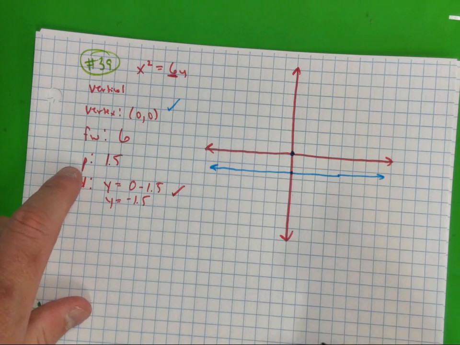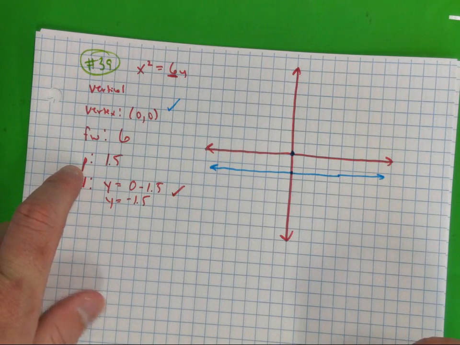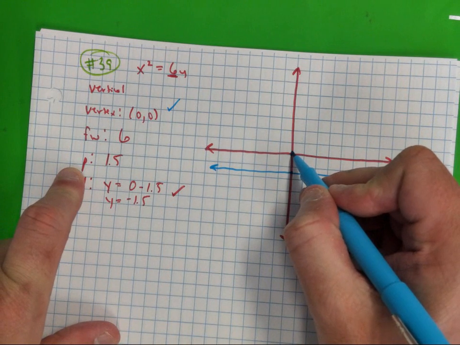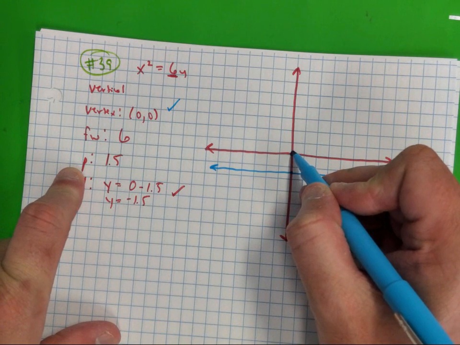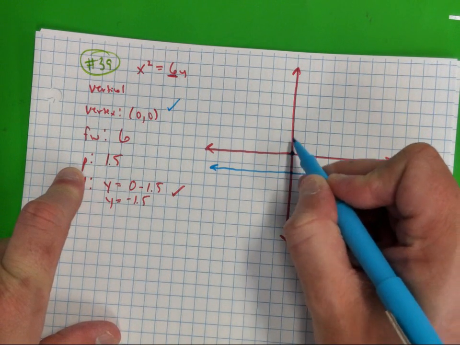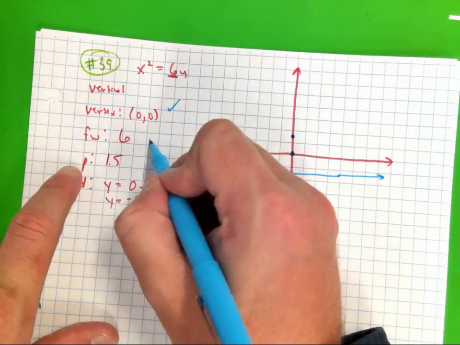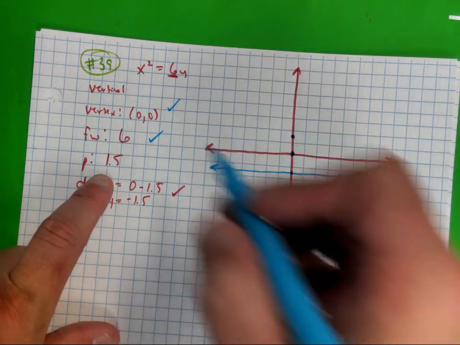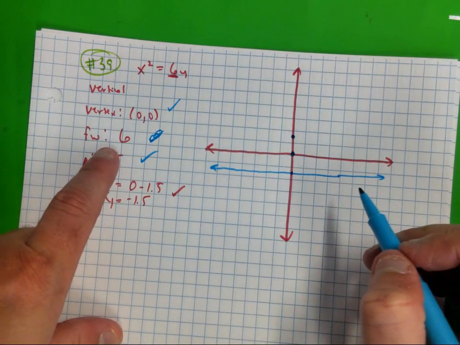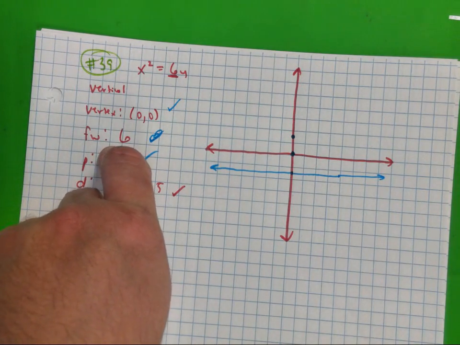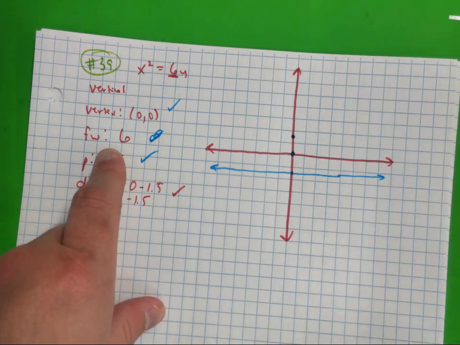Now graph my focus. It is 1.5 units from the vertex. You're going to go in the opposite direction of the directrix. It went this way, so I'm going to go up here. So I got to check that off. Oh, not that one. This one. Now focal width. That is the width of the parabola at the focus. So 6.